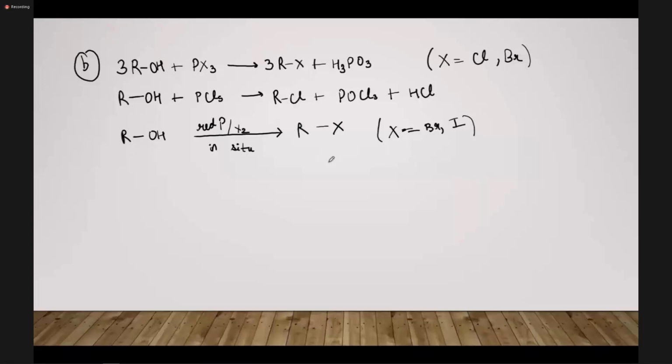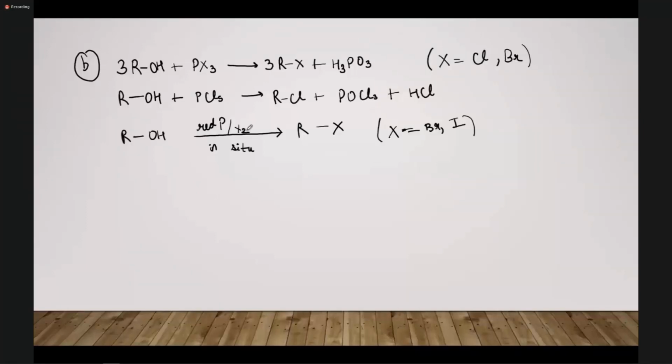In situ means at that point only, at that point of time, at that location we prepare them, we don't bring them beforehand as a reactant. So here we have the alcohol, and in that mixture only we will prepare it. And how we will prepare that: we will react red phosphorus with the bromine or the iodine. When we react both these, we will get the phosphorus halide, and then that halide will react with the alcohol then and there and we will get the alkyl halide.